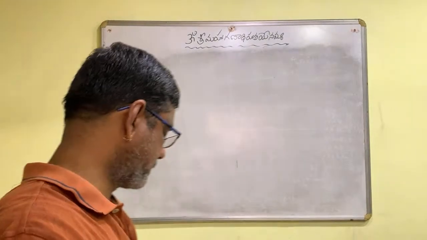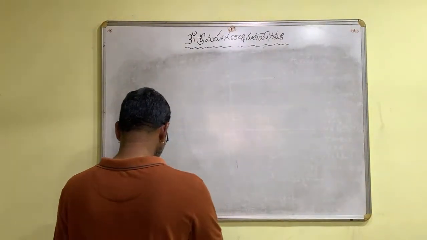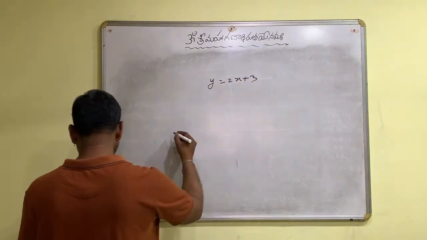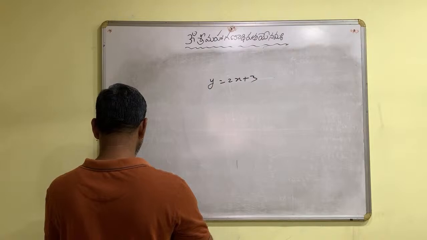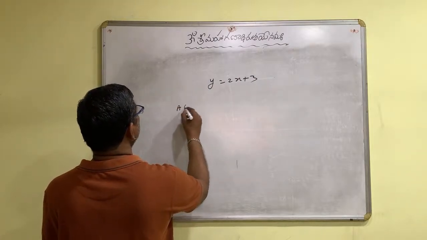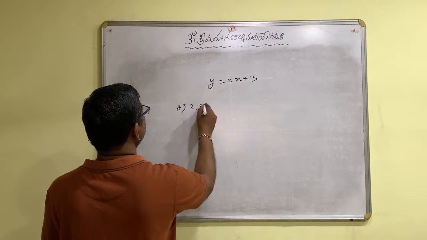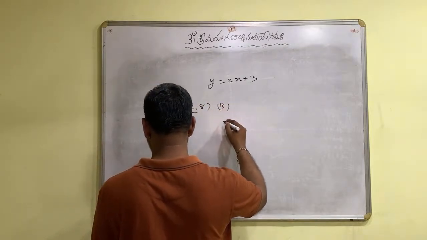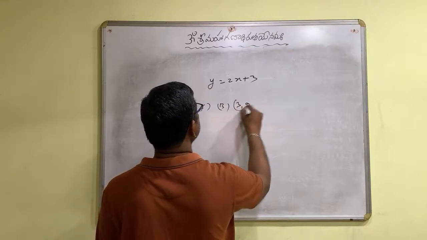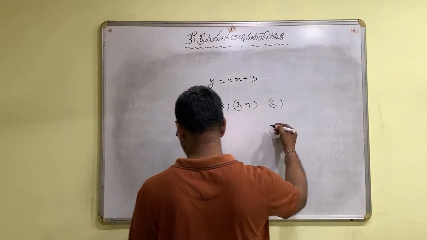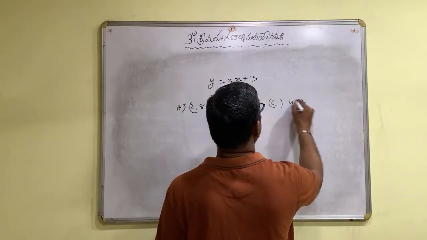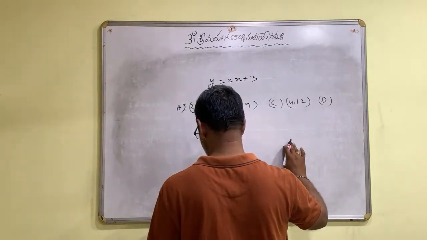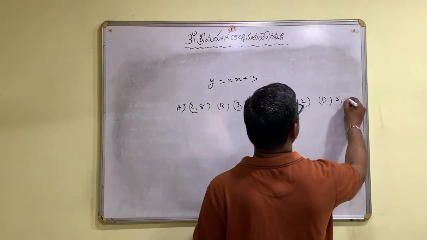The options are A 2, 8; B 3, 9; C 4, 12; D 5, 15.